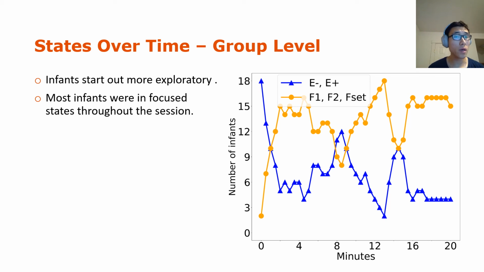In agreement with the HMM initial state distribution, initially most infants were in the explore states. However, the number of infants in the explore states rapidly decreased and fluctuated until only a handful were in the explore states in the end. Interestingly, most infants were in focus states at the end and throughout the whole session.